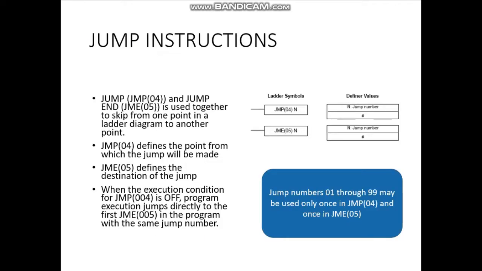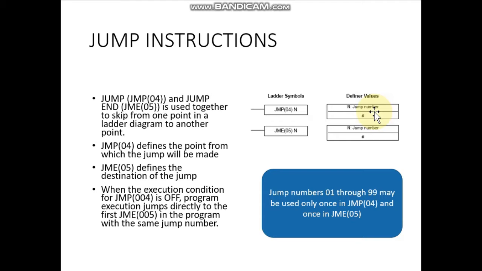Now jump instructions must be used together with JME, or jump end. JMP defines the point from which the jump will be made, and JME defines the destination of the jump. So where is the jump going to go? In the ladder symbol itself you have JMP N, and N refers to a jump number. The jump number is from 01 through 99.